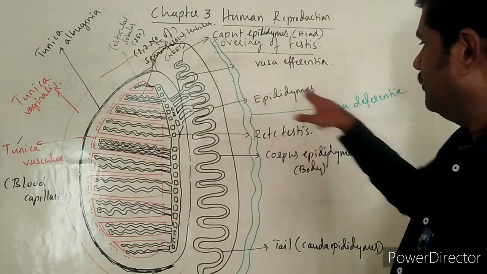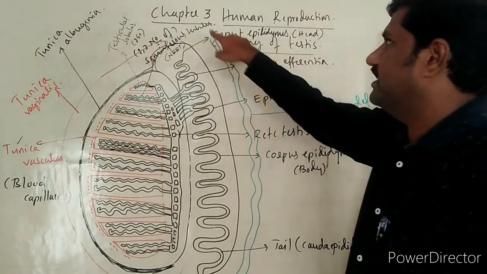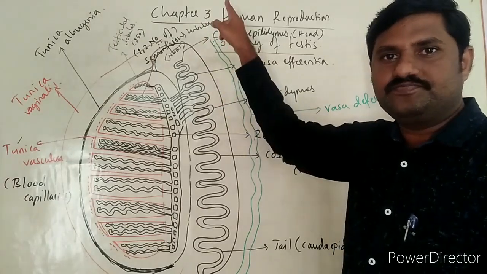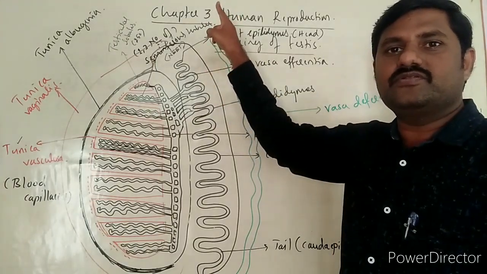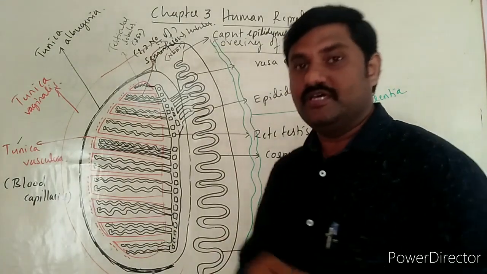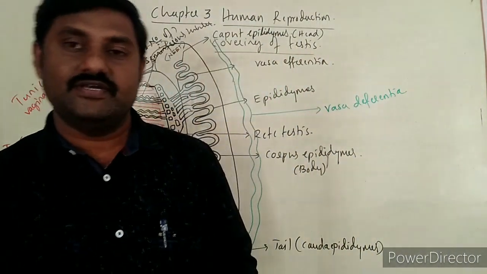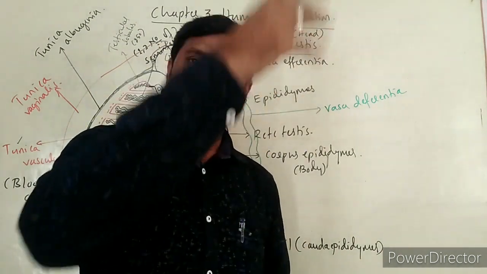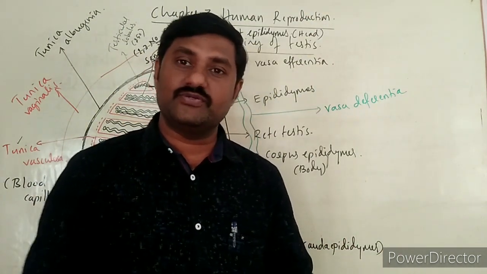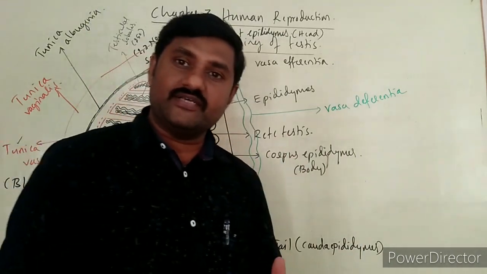This vasa deferentia enters into the abdominal part from here. It enters into the abdominal part through, as I have already told you, a canal that connects the testes to the abdomen. What is that canal called? Inguinal canal. Through the inguinal canal, what passes?